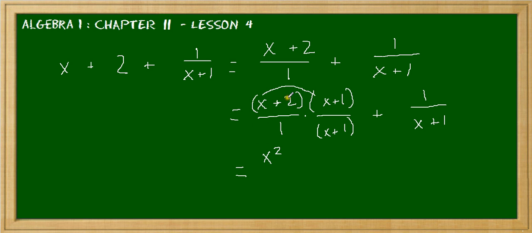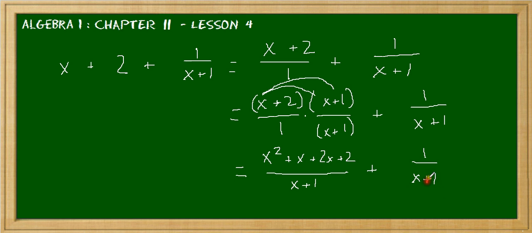So x plus 2. First, then we have the outer, so I'll put plus x. And then I have the inner, plus 2x. And then the last would be plus 2. And then this is all going to be over x plus 1, right? And on this side, I still have 1 over x plus 1.